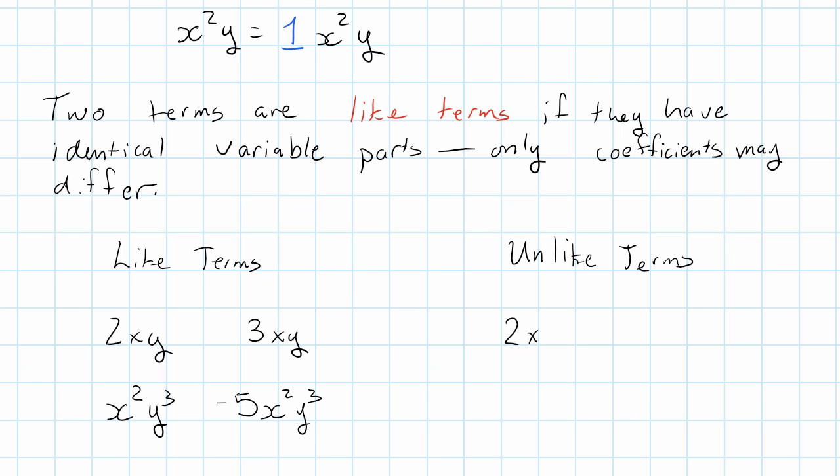2x and 3y are not like terms because x and y are different. 2x and 3x squared are also not like terms because of the different powers. We have to have identically the same variables to identically the same powers to have like terms.